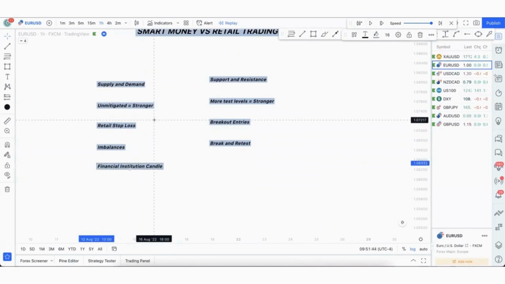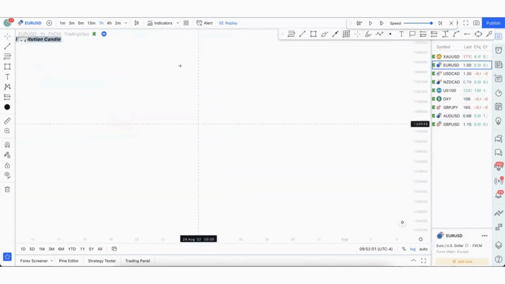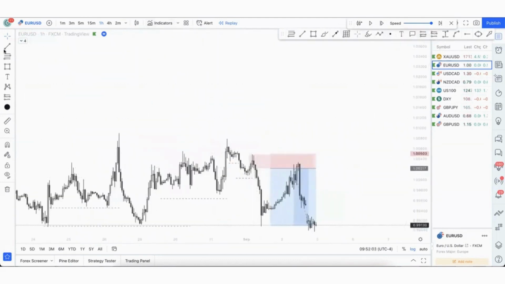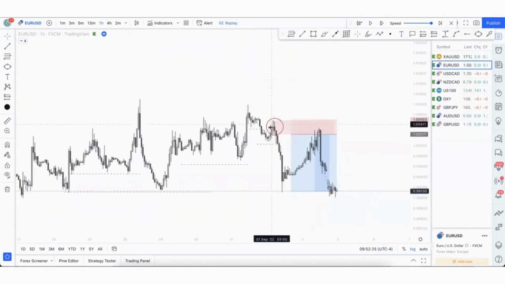Retailers use candle patterns like engulfing, doji, and hammer. In smart money, we only use one candlestick pattern, which is the institutional candle. Like what we've shown here, this is the candle that happened to be the last up candle before this break.